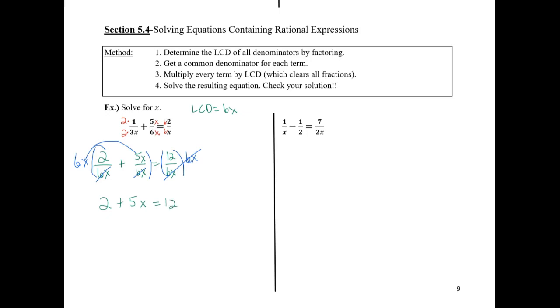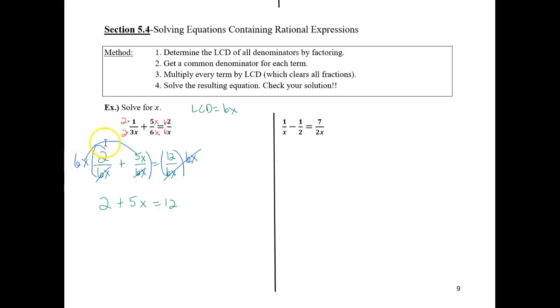Right? So 6x times 2 over 6x. The 6x's divide out. You're left with 2. 6x times 5x over 6x. Again, the 6x's divide out. You're only left with 5x. Same thing on the right-hand side of the equation.